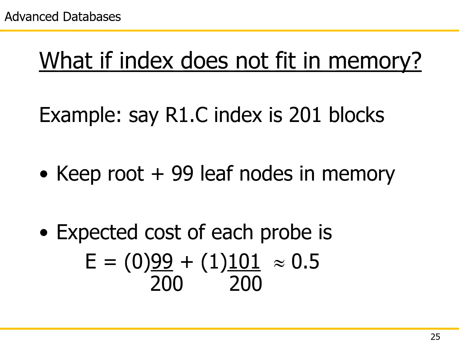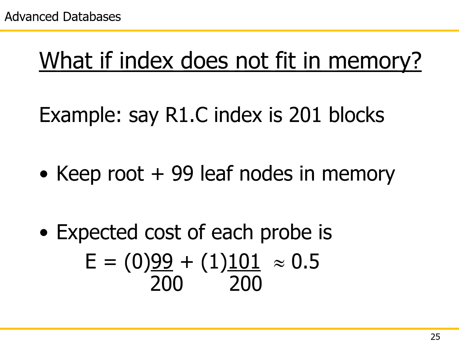If I say that 99 out of the 200 are in memory, then it's 0 IO. And that's what you see down there in the last line. The cost is 0 IO multiplied by 99 over 200.